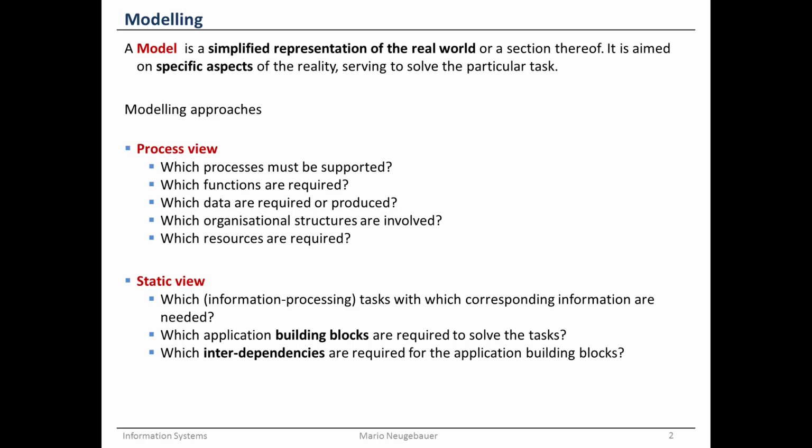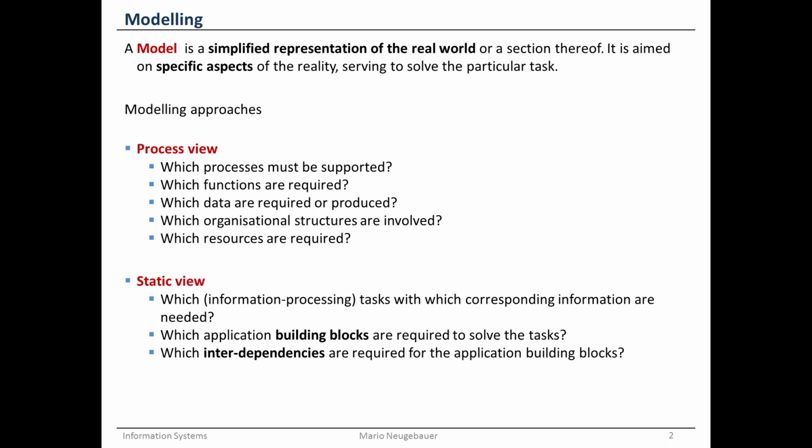Aspects which are not important for you, for example, the shoe size of the CEO, are not part of the model. So it's basically a simplified representation of the real world, a model.